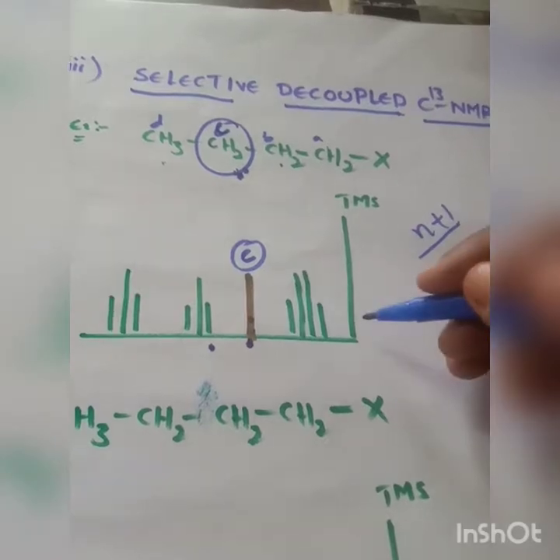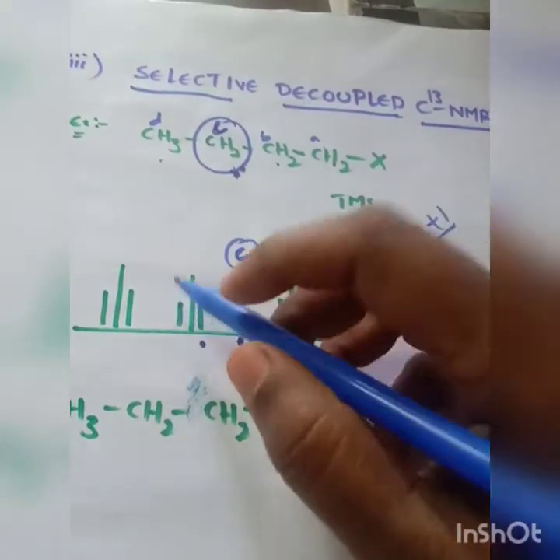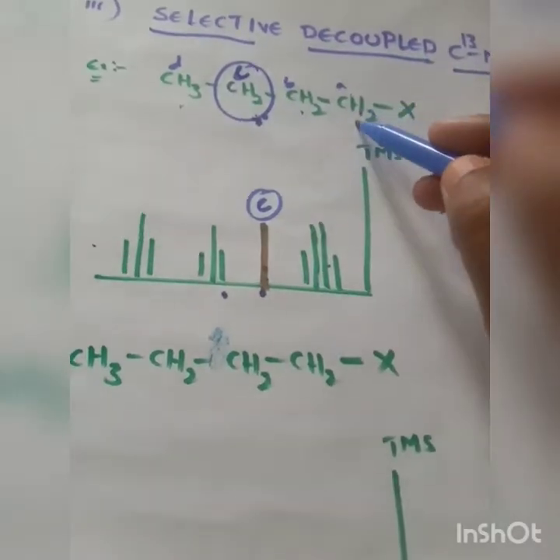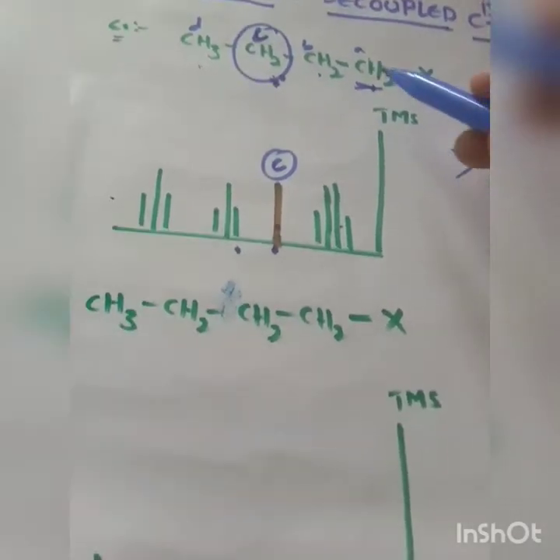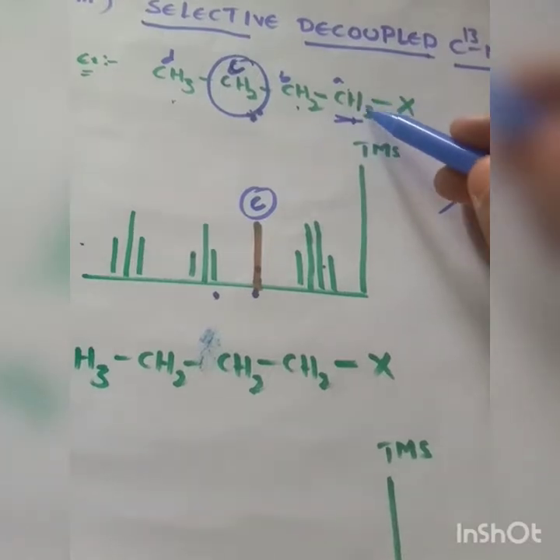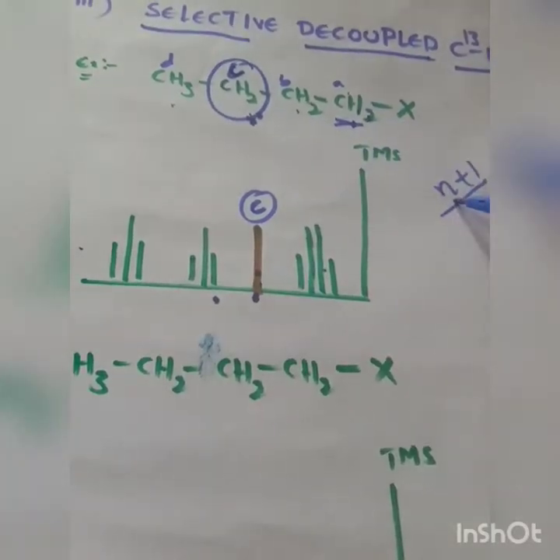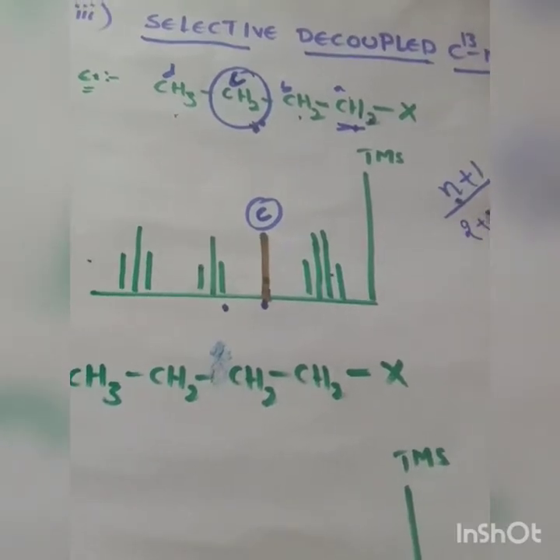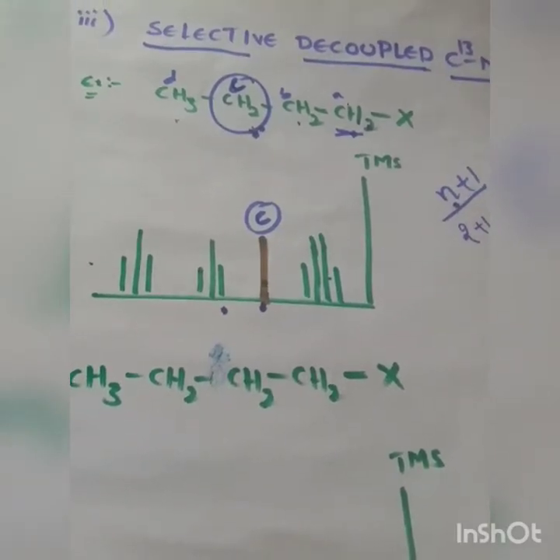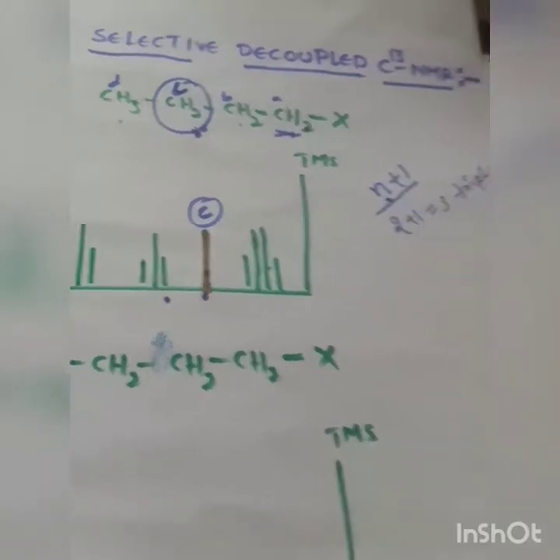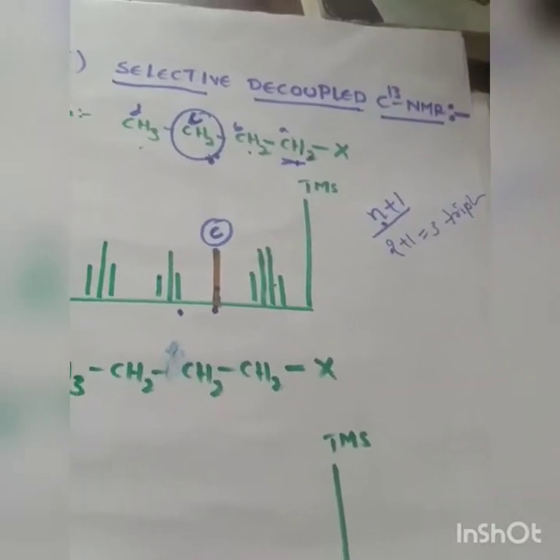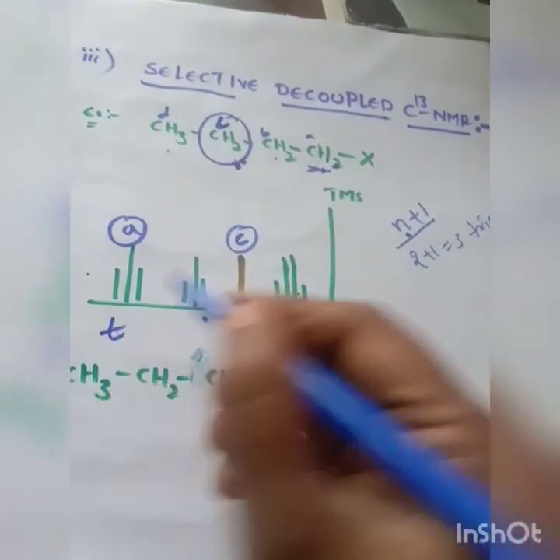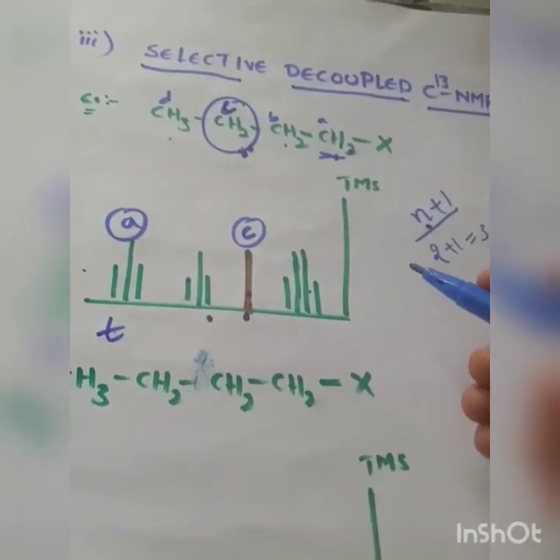In the A type CH2 group, 2 hydrogens are present. According to the n+1 rule, n is the number of attached hydrogens, so 2 plus 1 equals 3. 3 is a triplet. So it is a triplet for the A type of carbon.